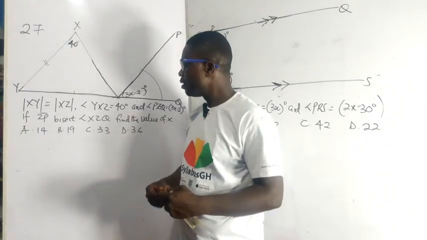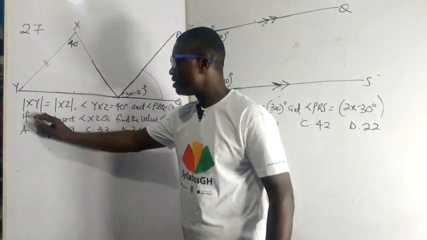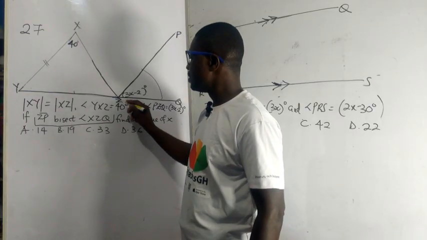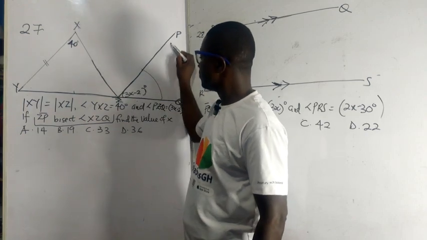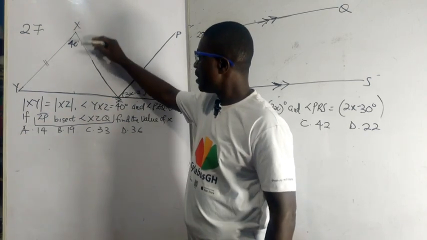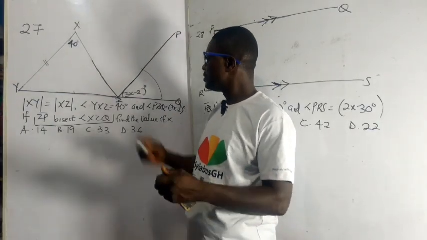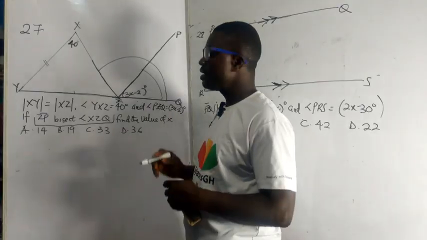From here, what you have to remember is that the clue is ZP bisecting the angle. And here is the Z. So we have XZP and then XZQ. So ZP is bisecting this big angle.